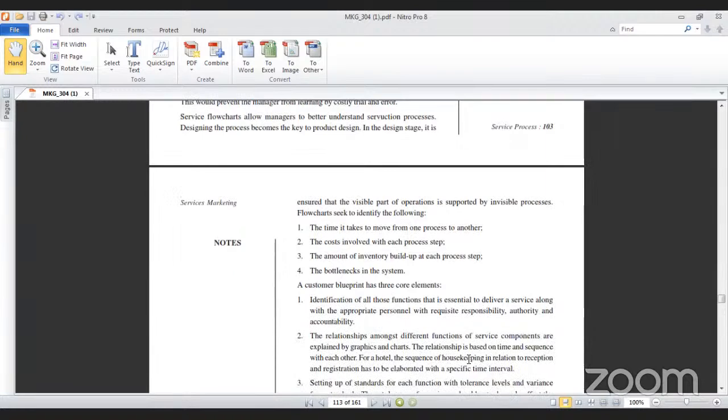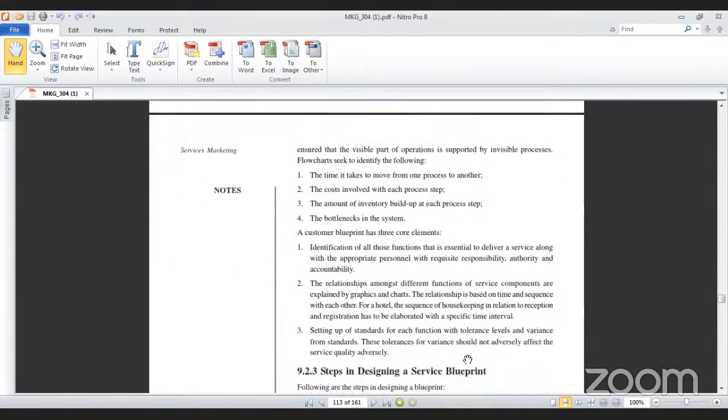A service blueprint has three core elements. Identification of all those functions that exist to deliver a service along with the appropriate personnel with efficiency, responsibility, authority, and accountability. Next, the relationship among the different functions of service components is explained by graphics and charts.